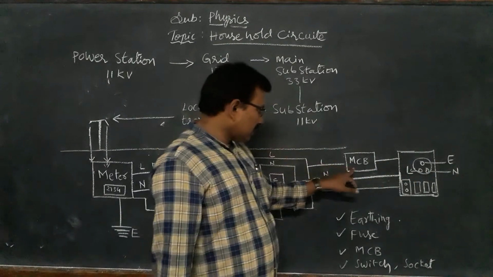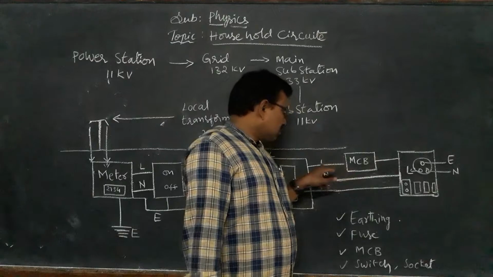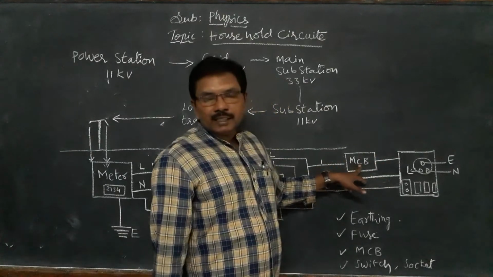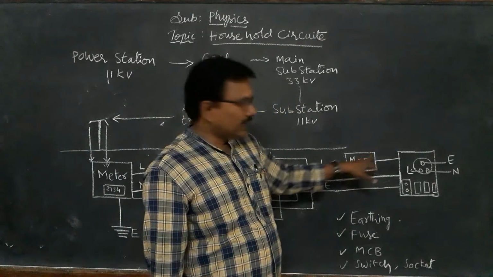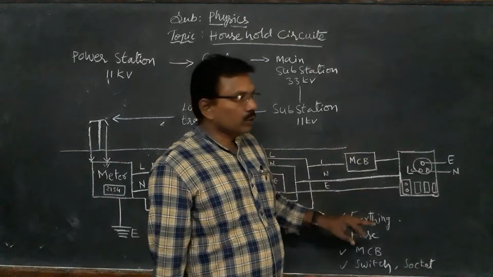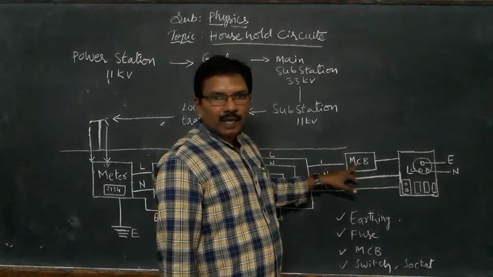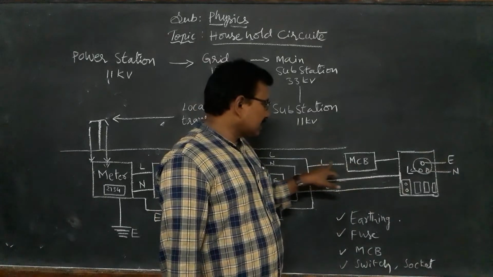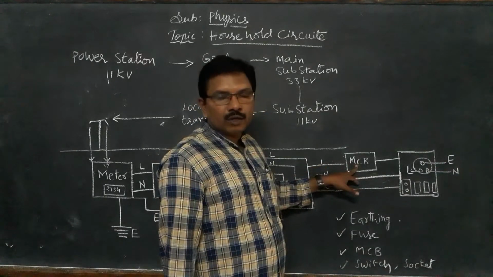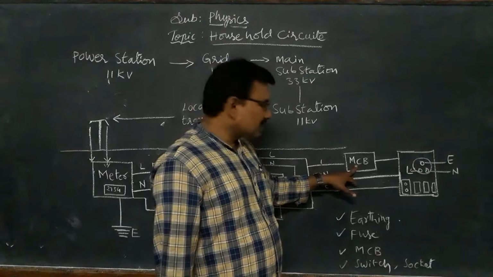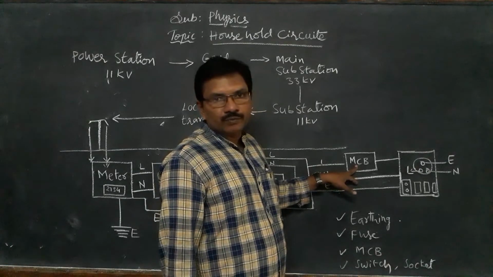Okay. Now the live wire again goes to the MCB. In each room, each portion, there is an MCB. The MCB is connected to the live wire. What is the use of the MCB? It is also like a fuse.